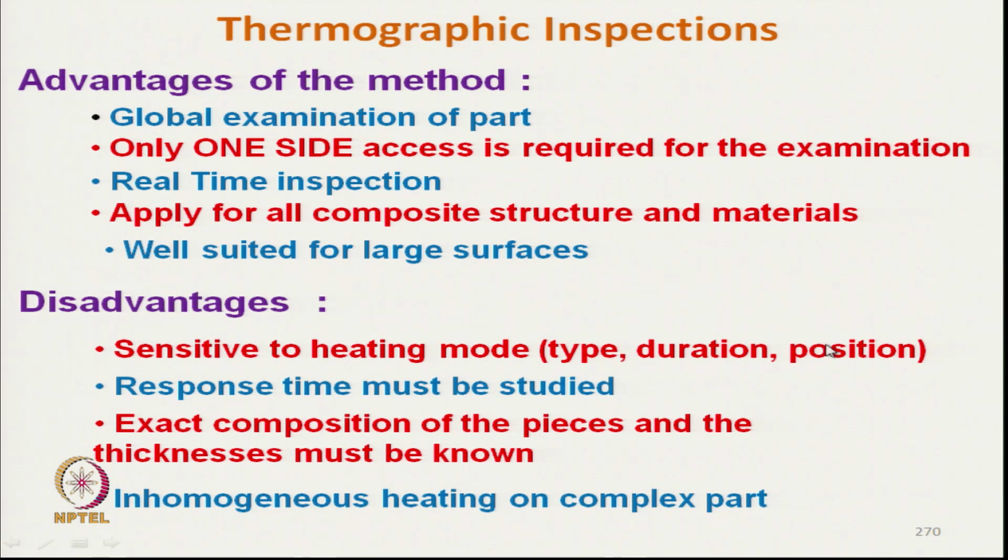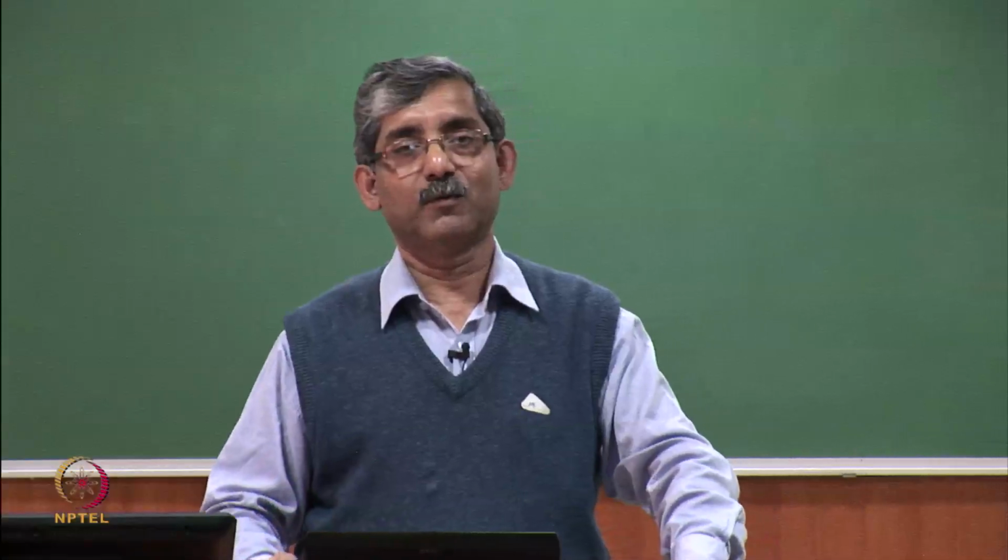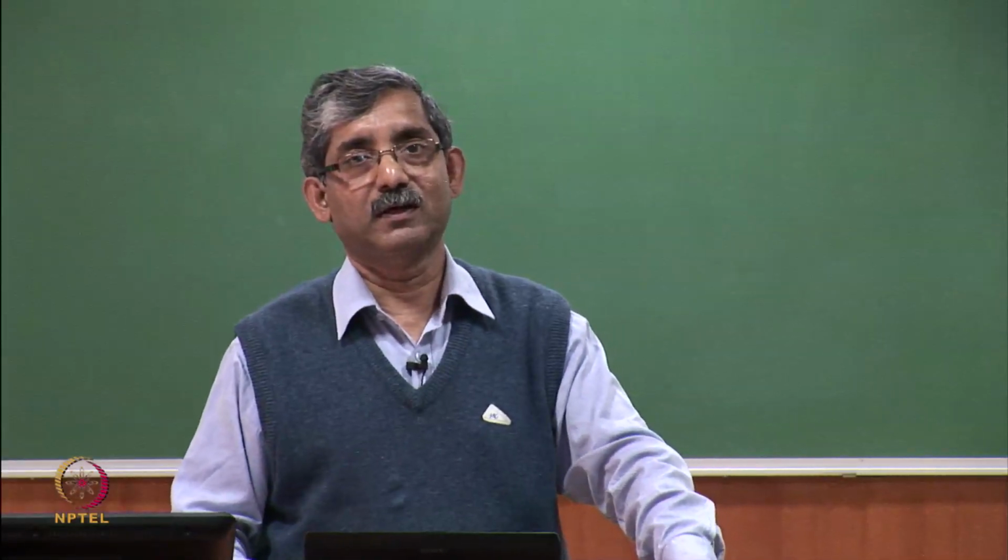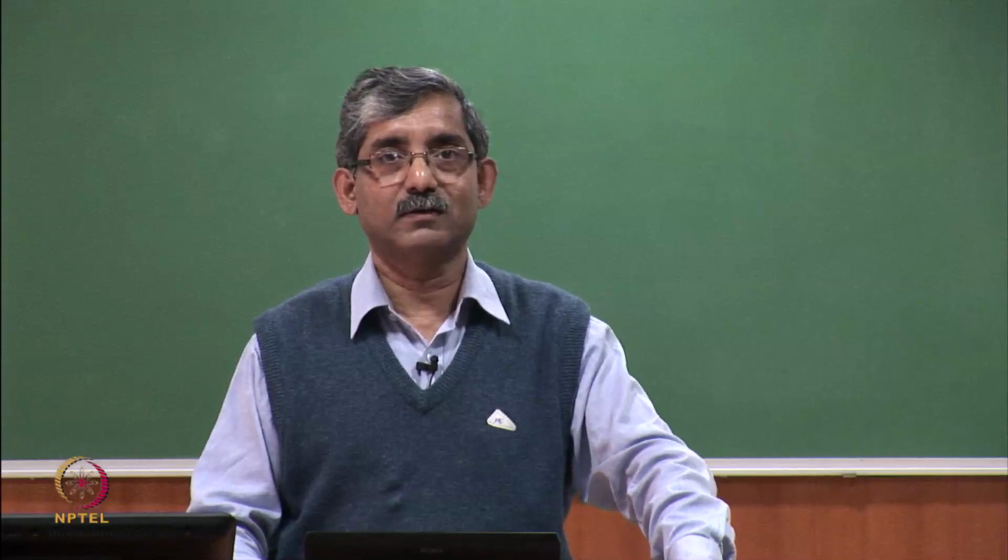If the duration or type of heating changes, the result may change. Inhomogeneous heating occurs in complex parts. It can be used easily for very uniform or straight parts, but for complex composite parts this method gives wrong results.